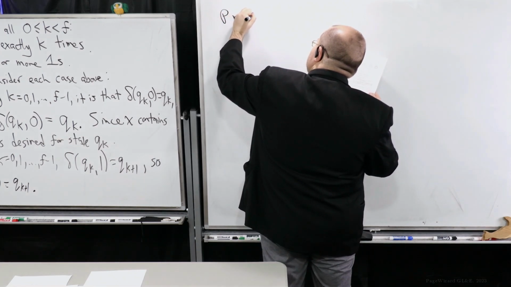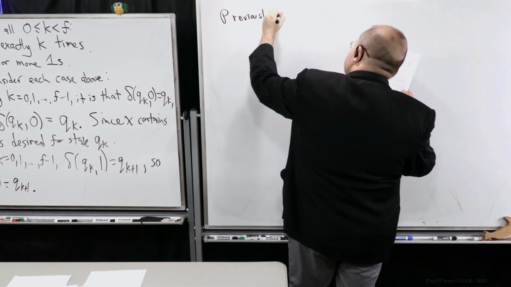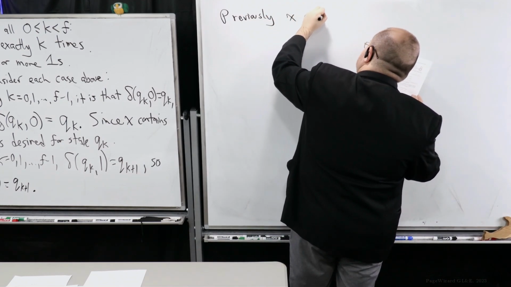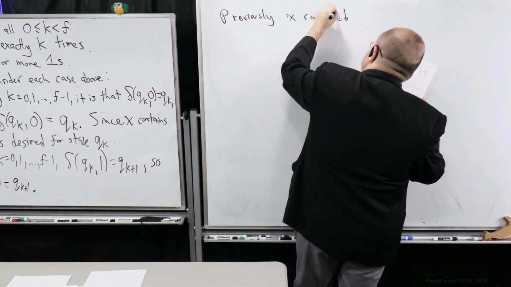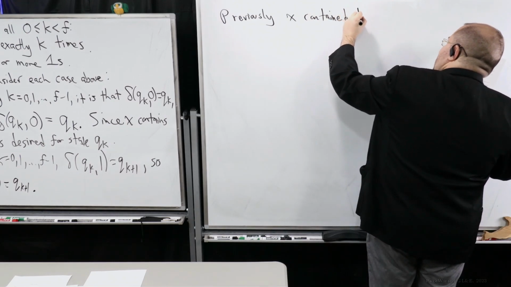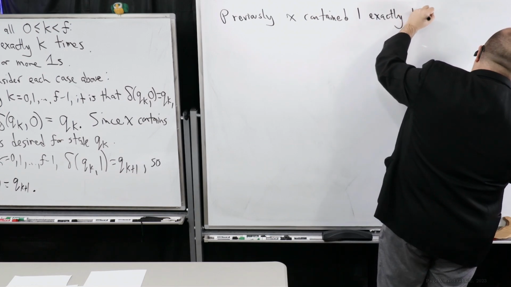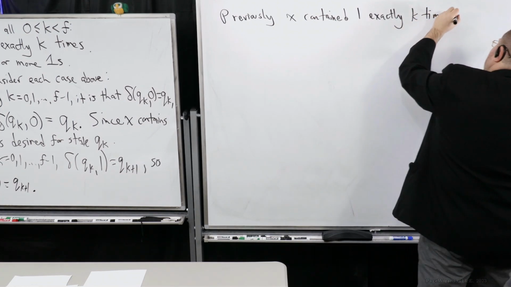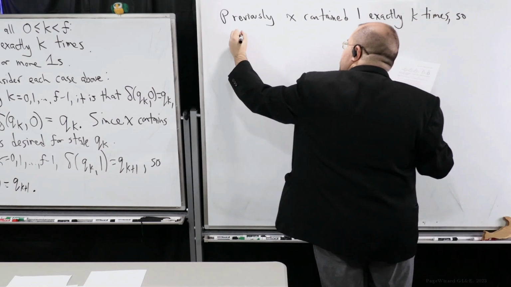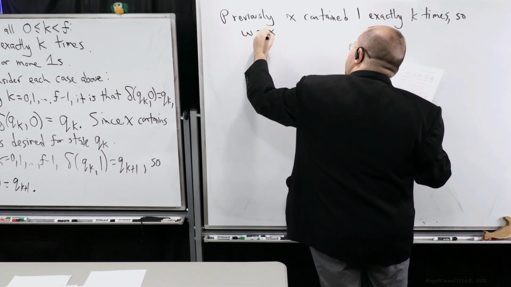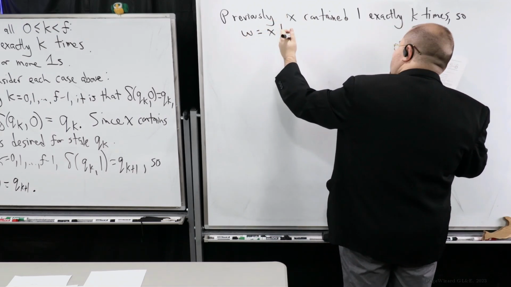Previously, x contained 1 exactly k times. So w equals x1. That's exactly the form of this one.